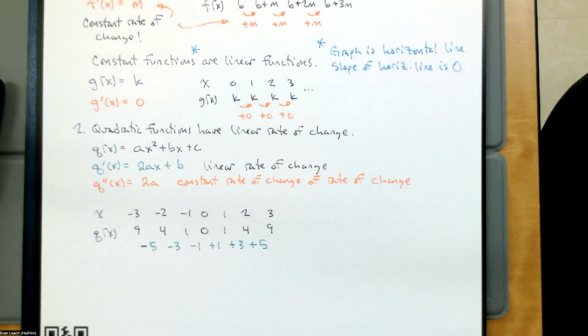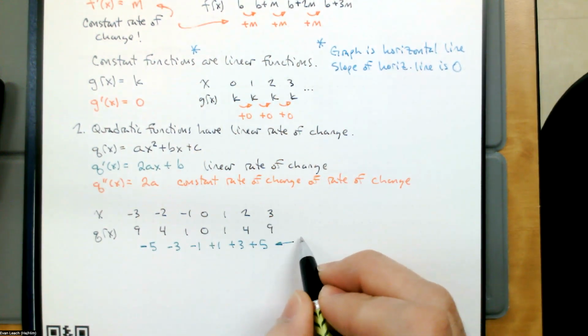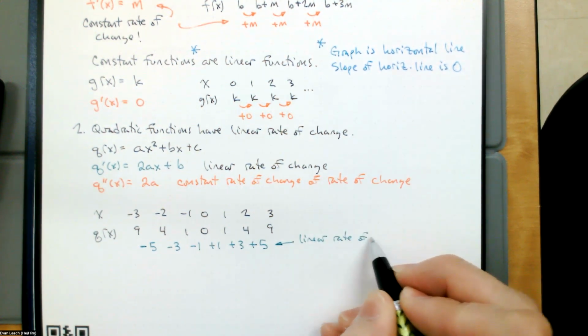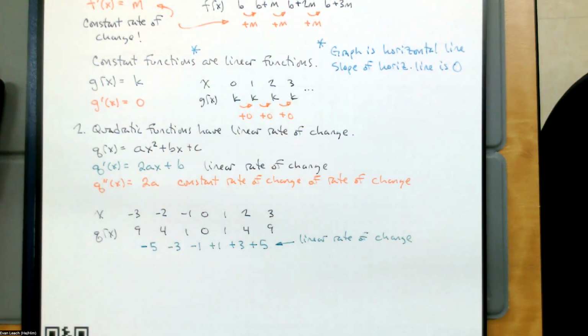That rate of change is a linear function. There's the linear rate of change in the numbers: negative 5, negative 3, negative 1, 1, 3, 5.